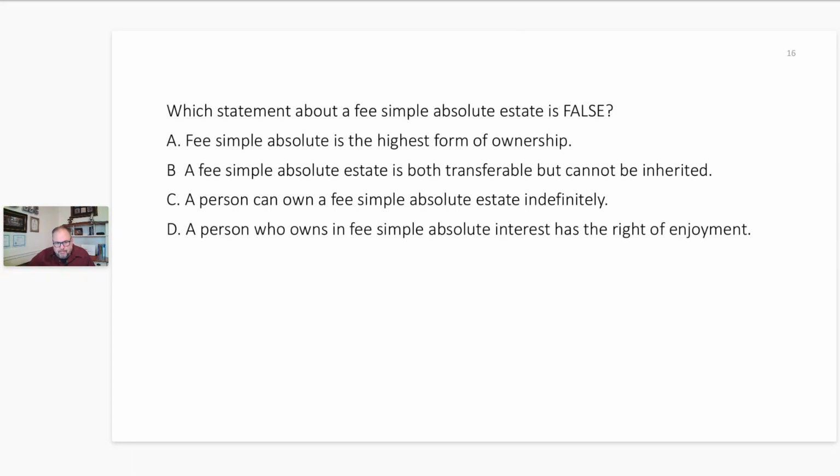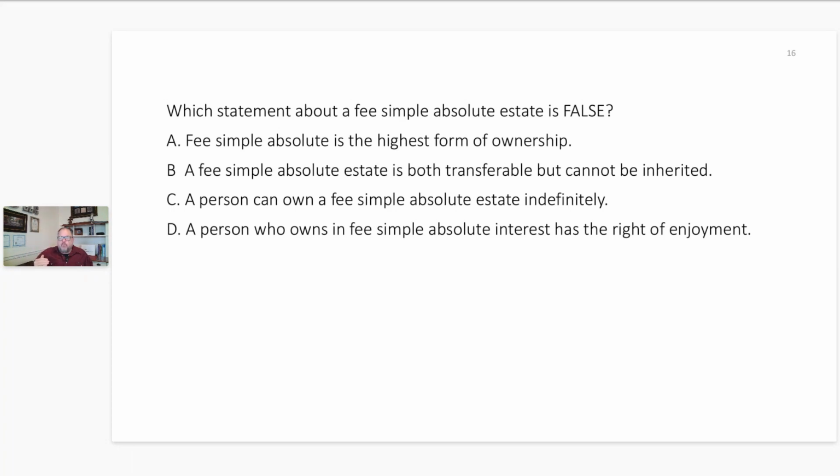Answer B. A fee simple absolute estate is both transferable, but cannot be inherited. So I'm going to sit back and look at this and go, wait a minute. I've got fee simple absolute ownership of a property, which means I have the full bundle of rights.